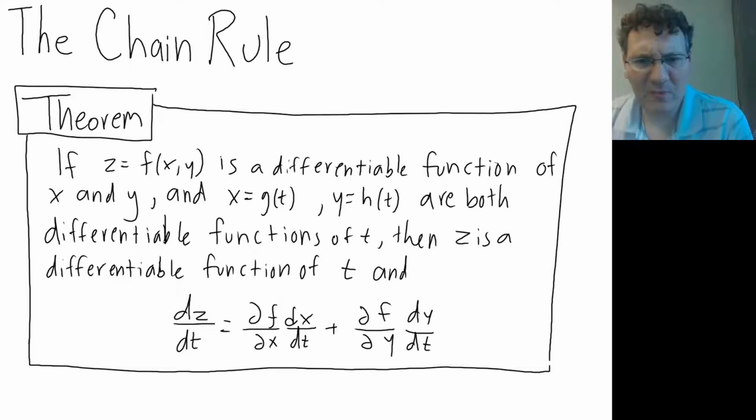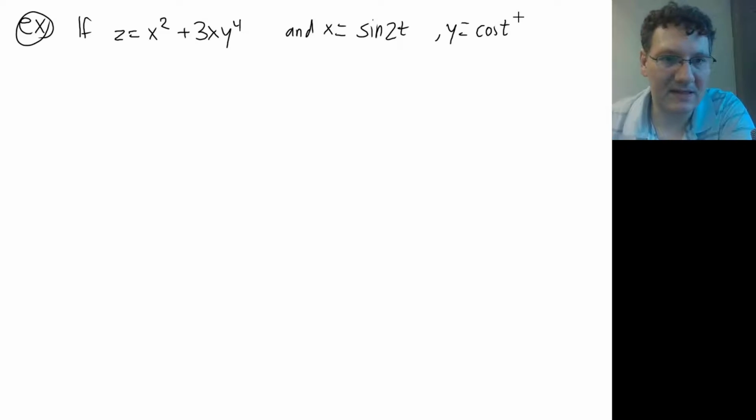So you have a mix of partial derivatives and derivatives here, because remember, f is a function of x and y, whereas x is just a function of t, y is just a function of t. Okay, so this is what the chain rule would look like for this function to take the derivative of z with respect to t.